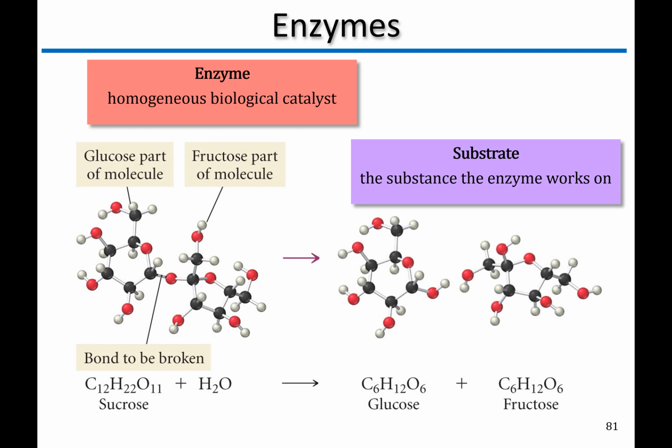Another kind of catalyst is an enzyme, and these generally are biological in nature, so it's a homogeneous biological catalyst. Okay, so here we see sucrose being broken down into glucose and fructose. Okay, and the enzyme is the part doing the catalysis, and the substrate is the part actually where the work is being done.